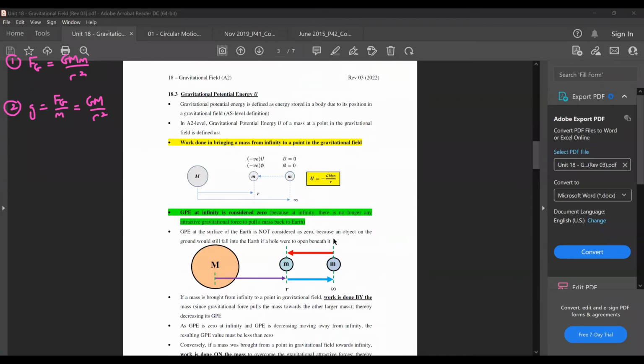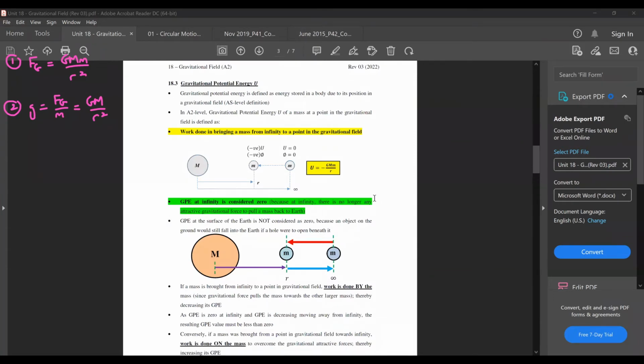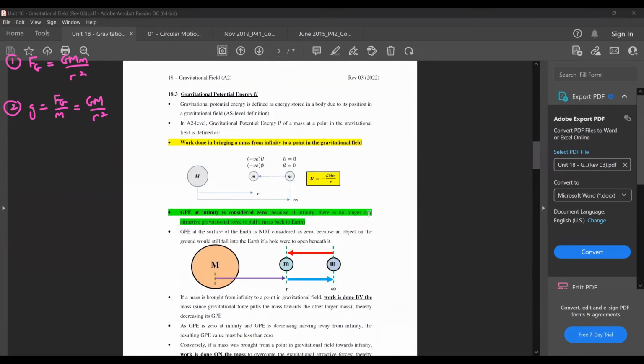Now there's also some other quantities that you will need to know when it comes to gravitational field. Now, we need to talk about energy for a mass inside a gravitational field. The energy possessed by a mass inside a gravitational field is known as gravitational potential energy.